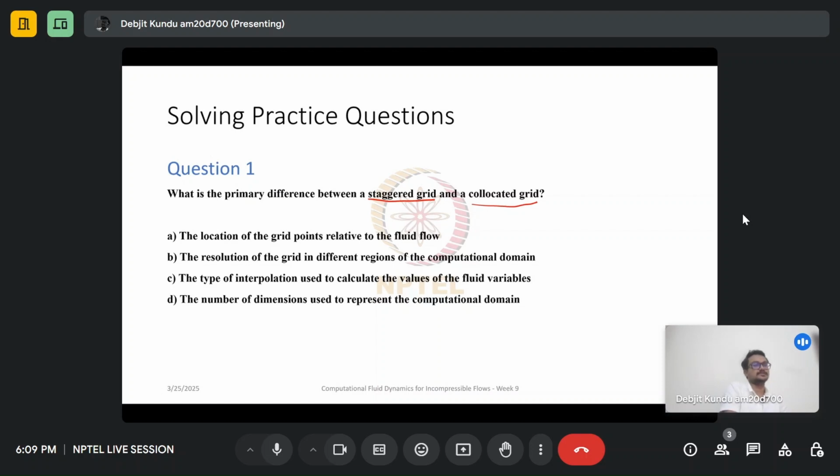Is it option C, the type of interpolation used to calculate the values of fluid variables? Or is it option D, the number of dimensions used to represent the computational domain? What is the main difference between a staggered grid and a co-located grid?